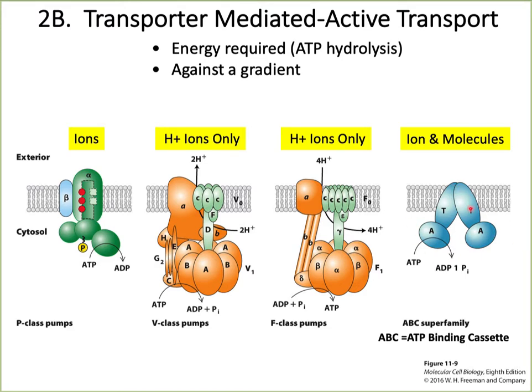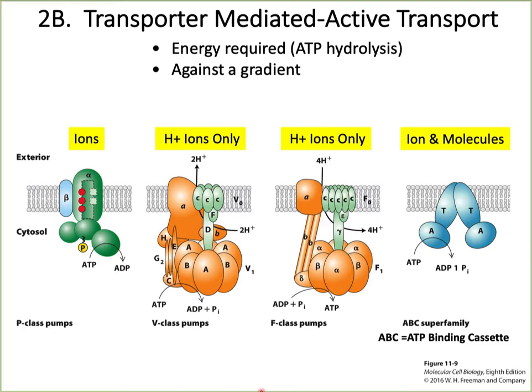There are usually two large transmembrane regions labeled T and the cytosolic ATP binding and hydrolyzing region, labeled here as A. Each ABC protein is specific for a single substrate or a group of related substrates like ions, sugars, amino acids, phospholipids, cholesterol, peptides, polysaccharides, or proteins. So let's look at a couple of examples of these P and ABC superfamily class of pumps.